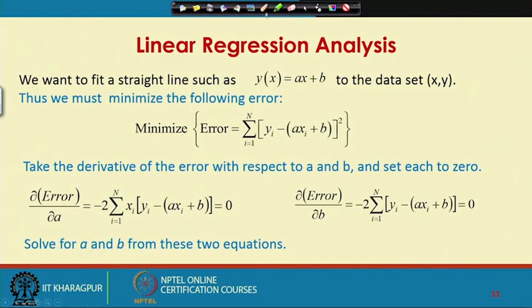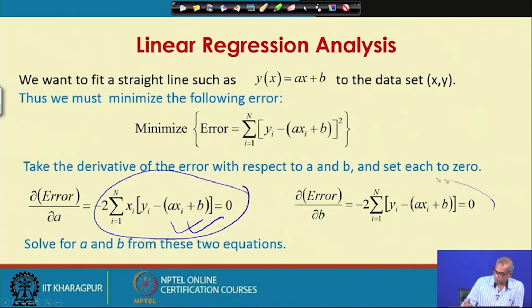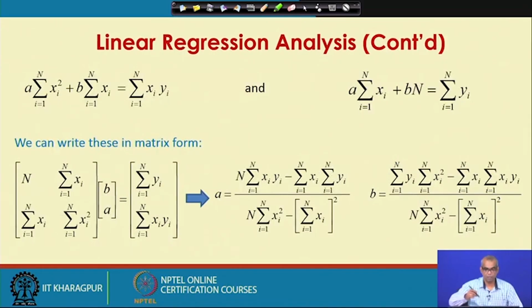So, we take the derivative of the error with respect to A, we have this equation. We take the derivative of error with respect to B, we have this equation. We set these two equal to 0 and solve these two equations simultaneously to obtain A and B. So, this is one equation, this is another equation.